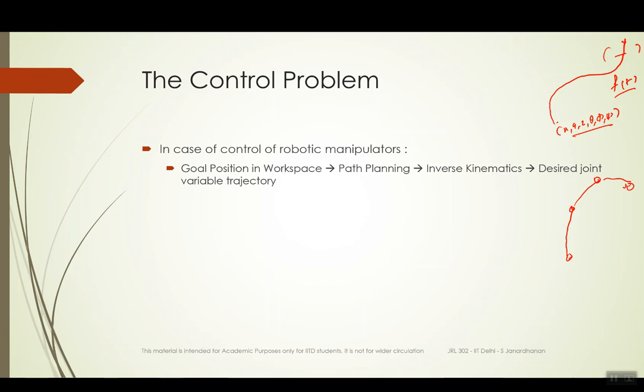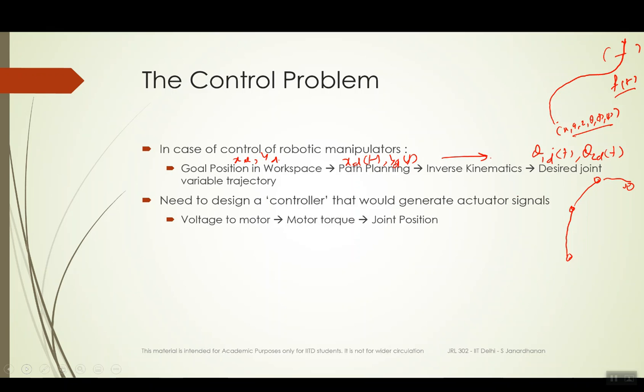So you start with x desired of t and y desired of t, and through inverse kinematics you get theta 1 desired of t and theta 2 desired of t.